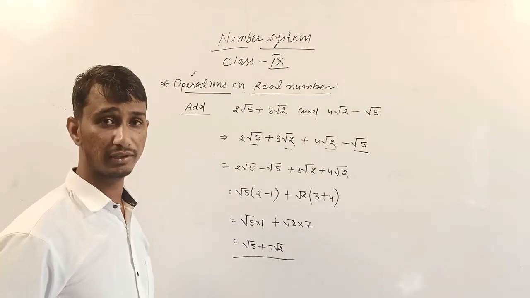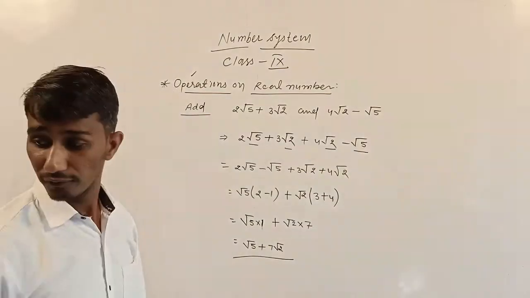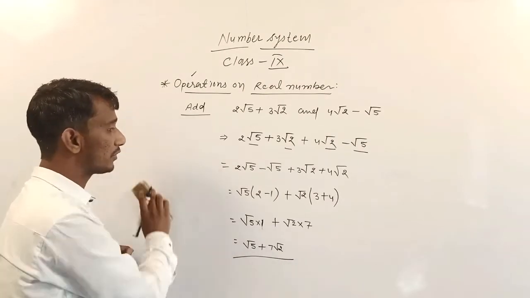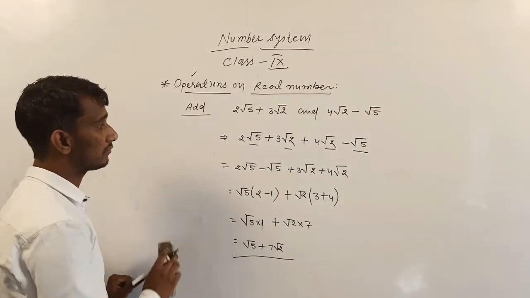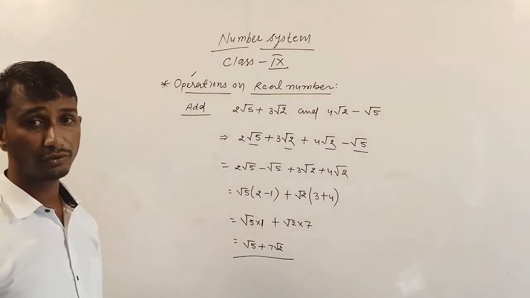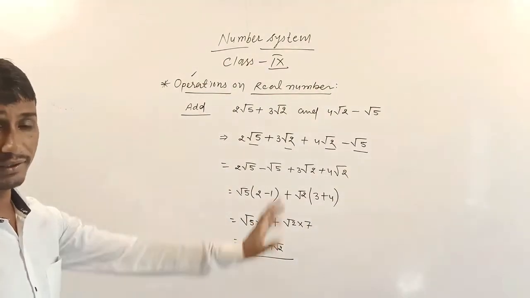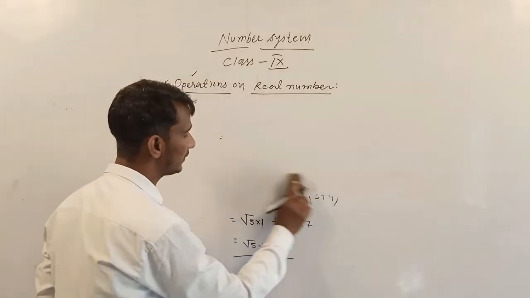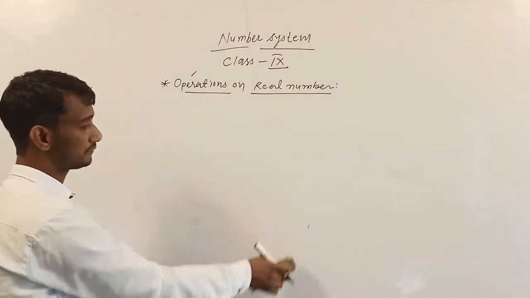Note down this fact in your notebook. For subtraction, I am taking another example. You can write it in your rough notebook, otherwise in your third notebook, to understand this concept again. For subtraction, I am taking another example.